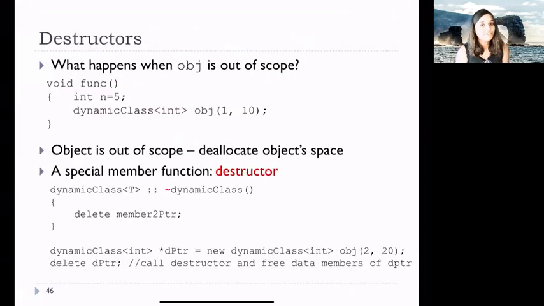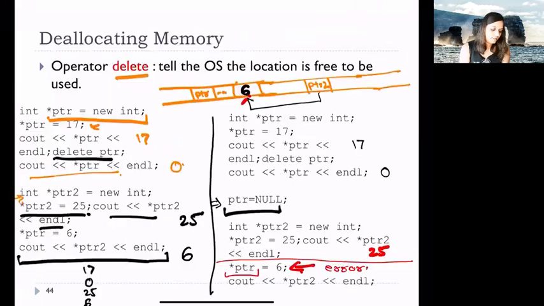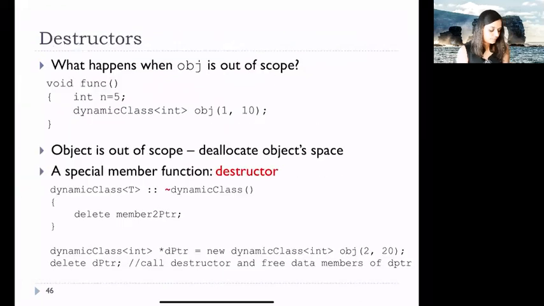Finally, if we are using a dynamic class constructor, as we know, every piece of memory that's dynamically allocated needs to be deallocated, as we saw in this example of how things can mess up if we don't deallocate. The pointers could still point to something that's old and that we do not know or do not expect.